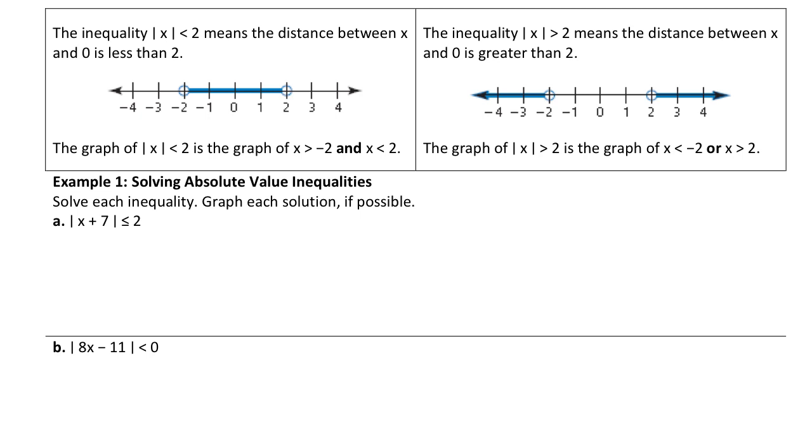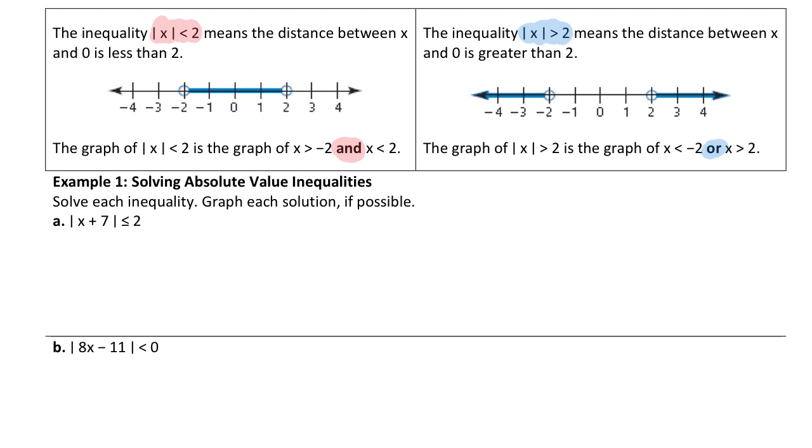On the left-hand side in this diagram, I show an AND inequality and then an OR inequality. When we have an absolute value inequality with less than or equal to, the graph is an AND inequality. That's a big thing to remember. When we have an inequality that is greater than or equal to, that is an OR inequality.